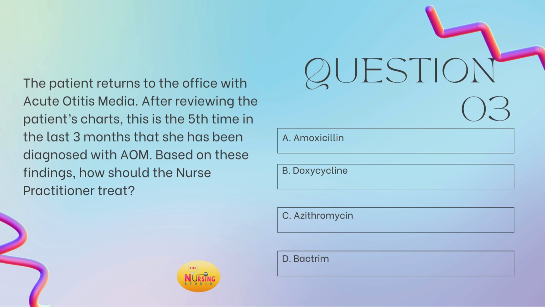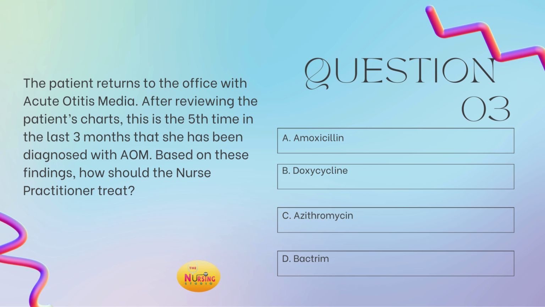Again, this is a part of that evaluation process and steps that I talk about. When a patient has recurrent and persistent acute otitis media, there are different avenues of treatment, right?